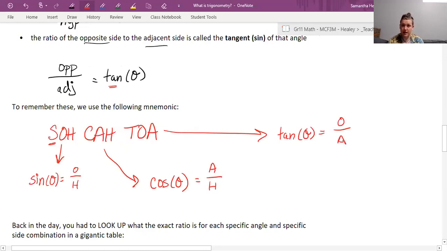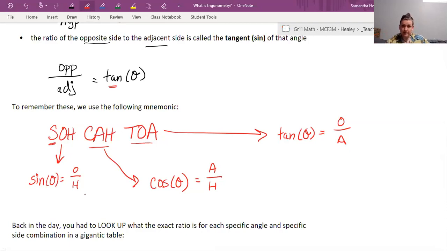So SOHCAHTOA just helps us remember, and I still use SOHCAHTOA when I'm writing things down. It's a helpful mnemonic, but it's just there to help you remember which ratios are described by which words and what order the ratio goes in.